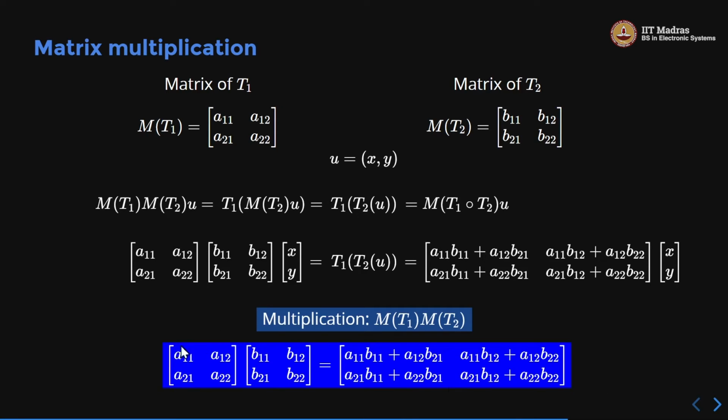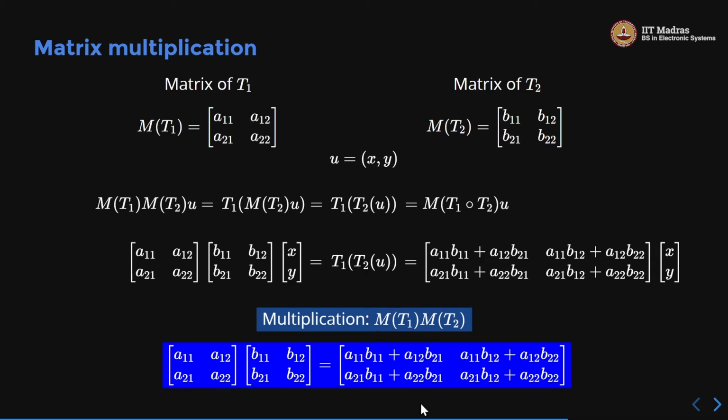So this matrix A11, A12, A21, A22, when you multiply with B11, B12, B21, B22, you get this matrix. So the multiplication of matrices actually corresponds to composition of the corresponding linear transformations. When you compose them, the matrix that you get is the product of the two matrices that you have in the beginning.